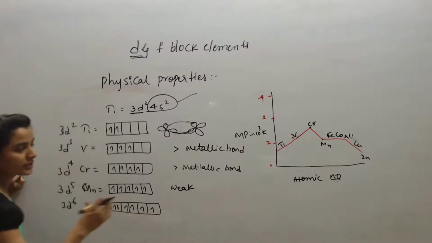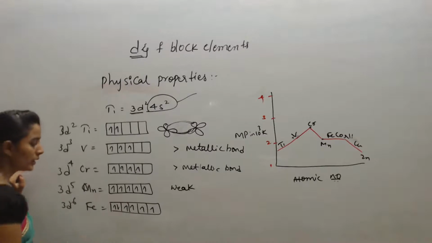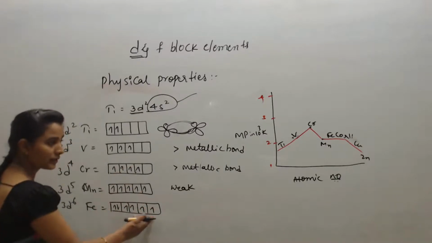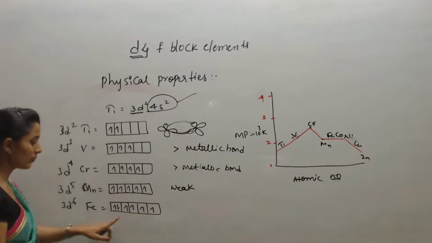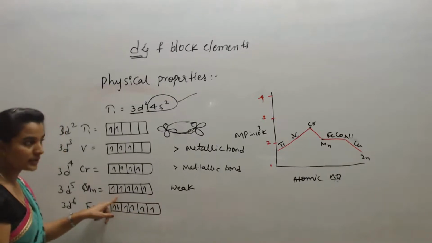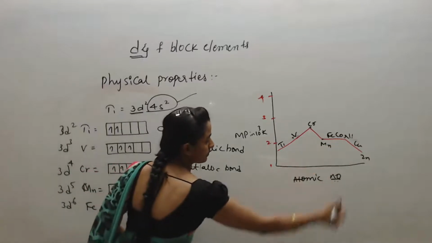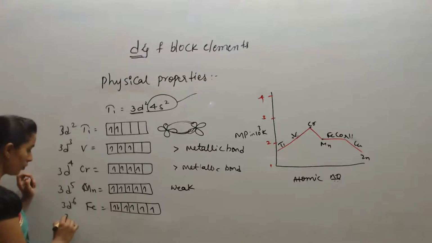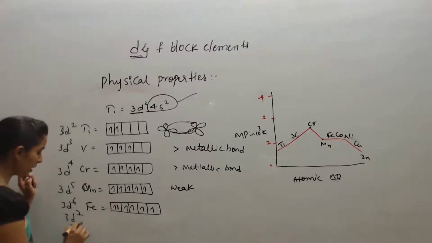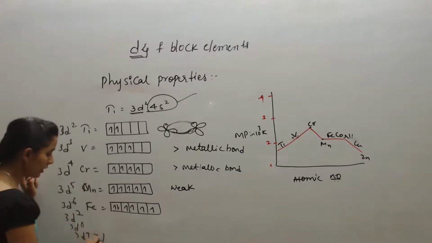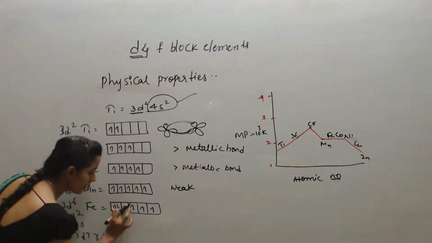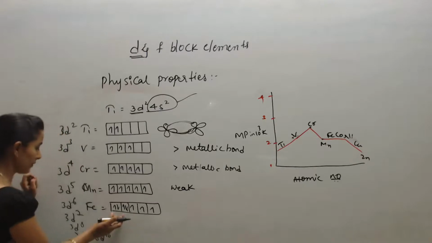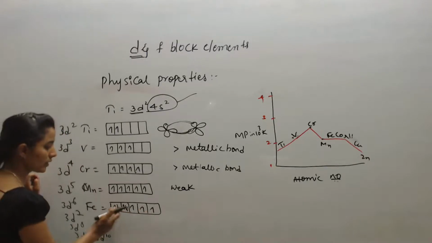Only 4 electrons are unpaired. So the number of unpaired electrons decreases here, and the stability is also not that much compared to manganese. Hence, again the melting point decreases. Okay, so you keep on moving, that is 3d7, 3d8, 3d9 and 3d10. This gets paired up. If pairing continuously takes place, this is for 3d7, meaning 1, 2, 3, 4, 5, 6, 7.